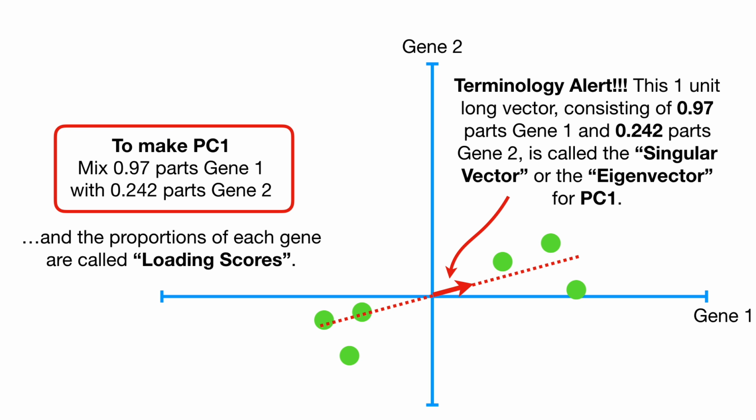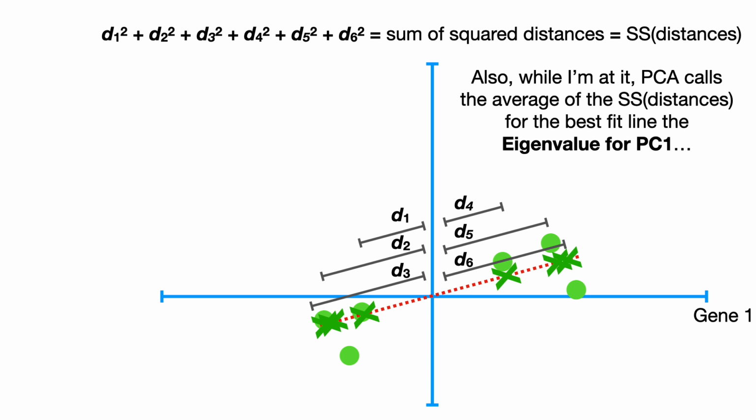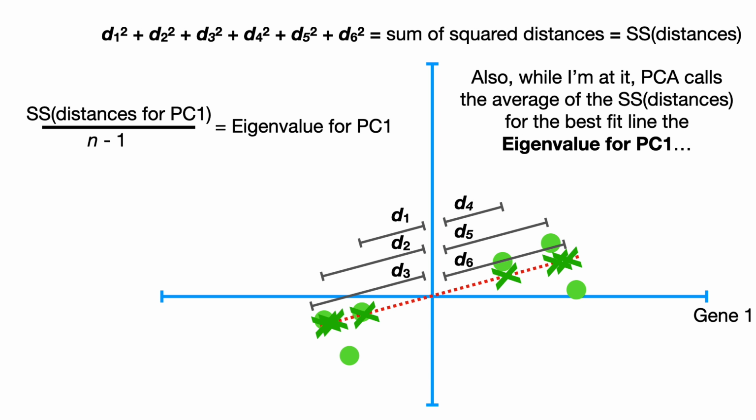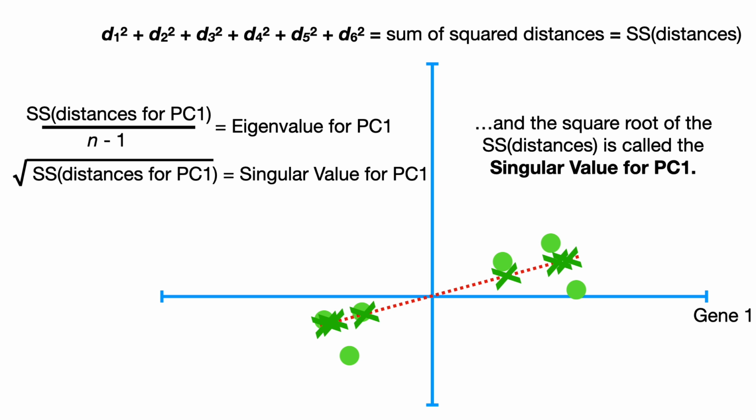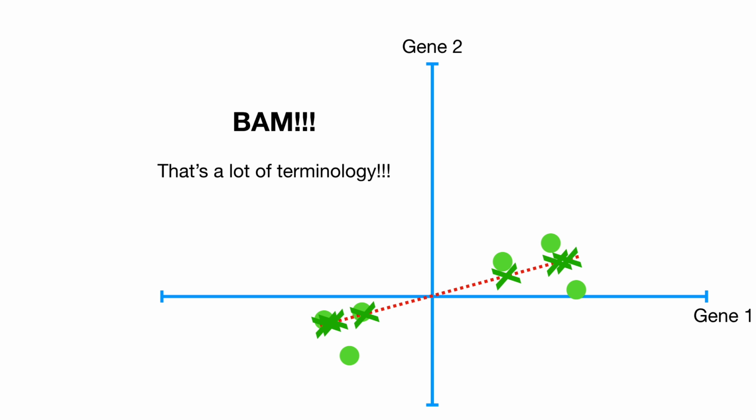And the proportions of each gene are called loading scores. Also, while I'm at it, PCA calls the average of the sums of the square distances for the best fit line the eigenvalue for PC1. And the square root of the sums of the square distances is called the singular value for PC1. Bam! That's a lot of terminology.